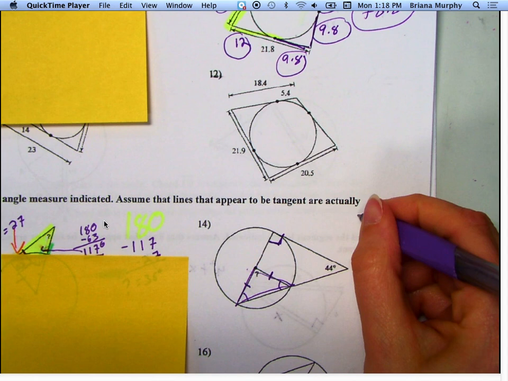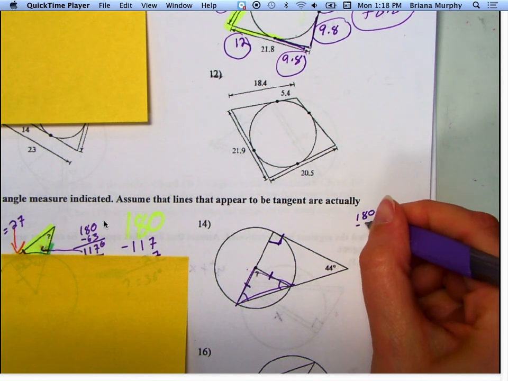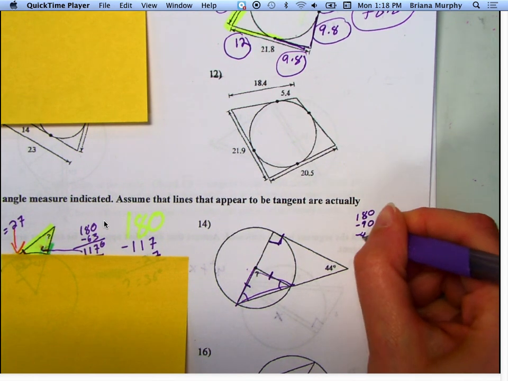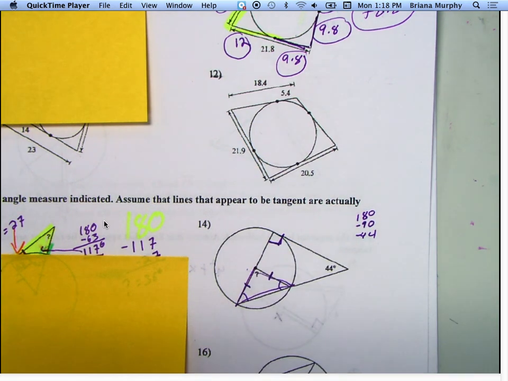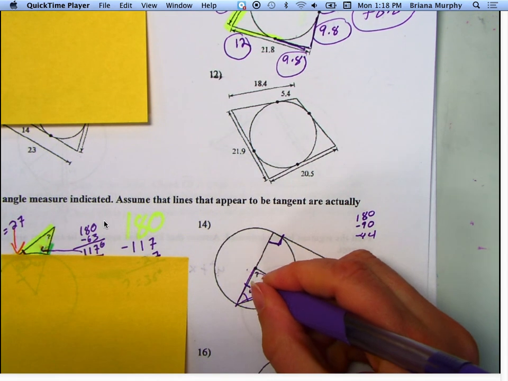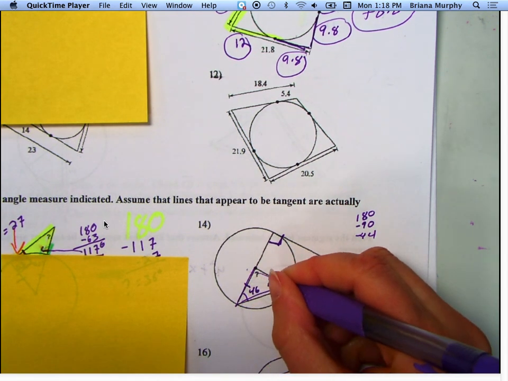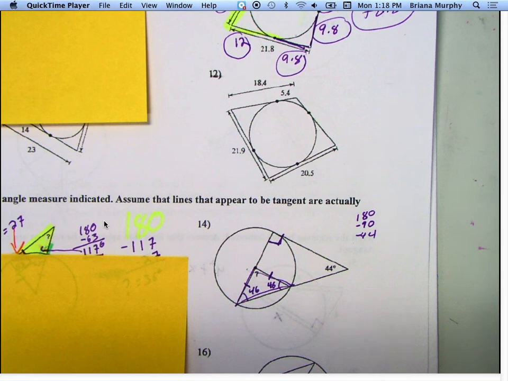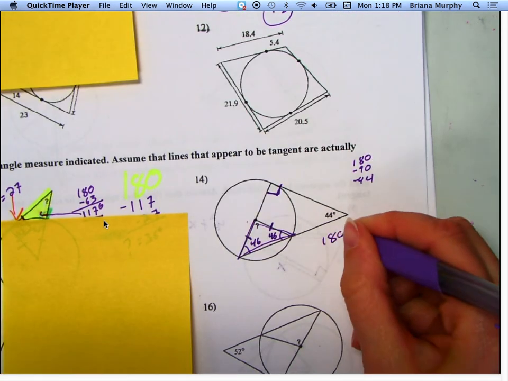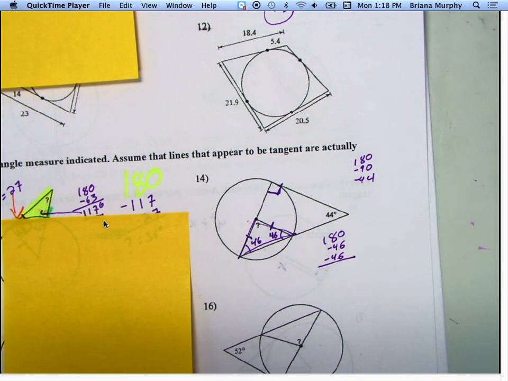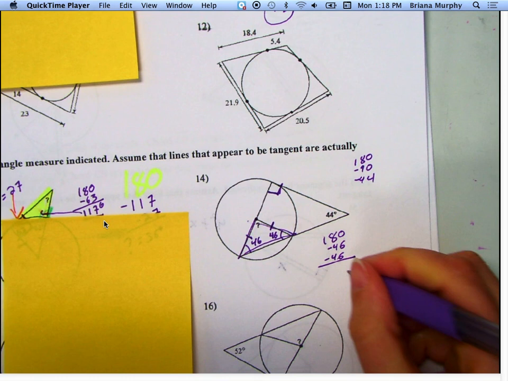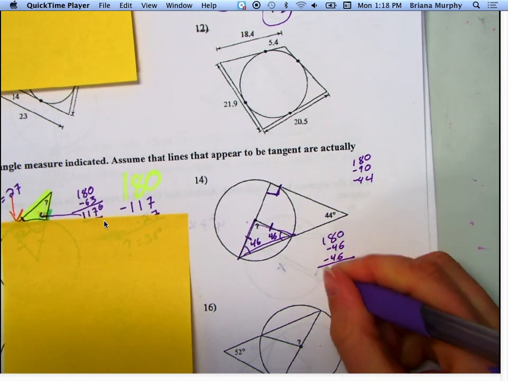So 180 minus 90 minus 44 gives me that angle right there, 46. So both of these angles must be 46 down here. Then 180 minus 46 minus 46 is my missing angle. 88 is my missing angle.